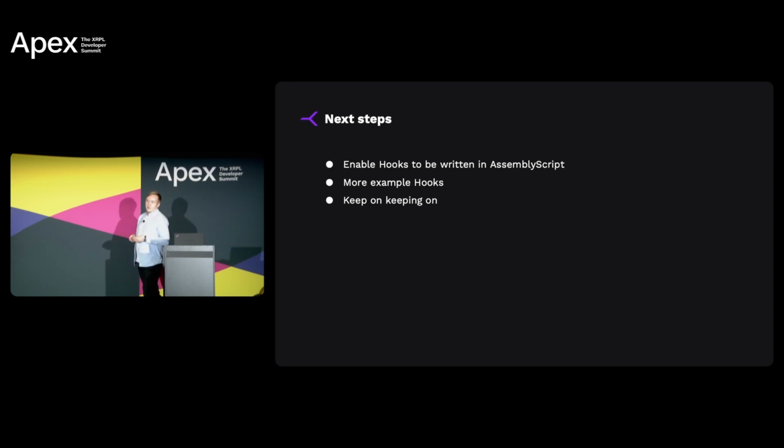And we're also playing with compilation in browser because right now we're running a compilation backend with Docker, and that's not ideal. If we get a lot of users, it would be better if people were enabled to compile their hooks in browser.